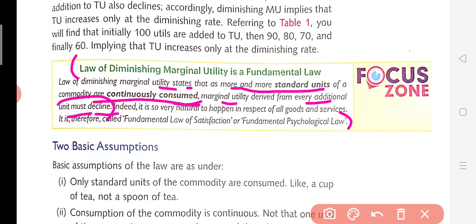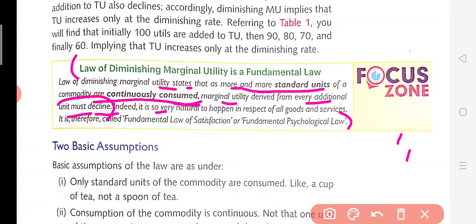Suppose you're drinking a cup of tea by spoon, it won't give you satisfaction suddenly, because a spoon is not a standard unit. A standard unit is a cup of tea and not a spoon of tea, and not a drop of milk but the entire glass of milk, because a drop cannot satisfy you, a spoon cannot satisfy you.